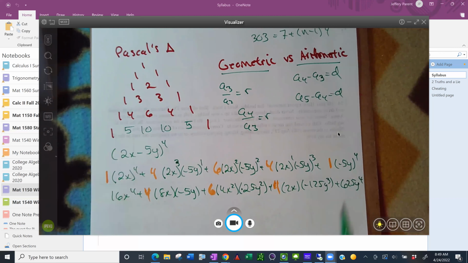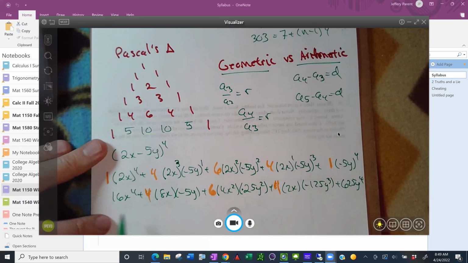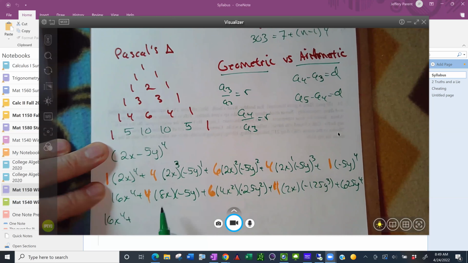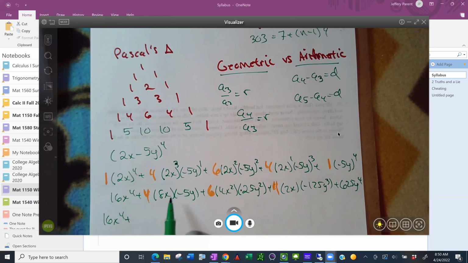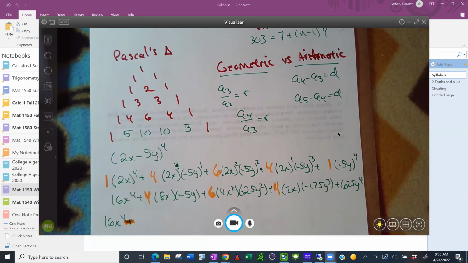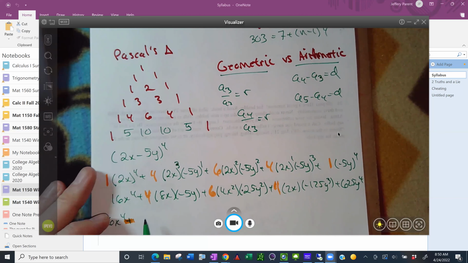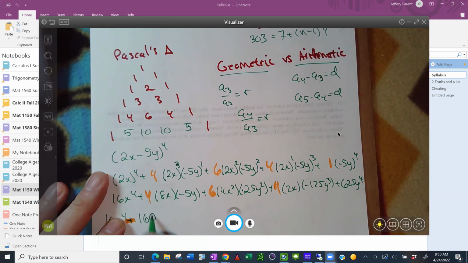And I don't need to put the 1 there. Let's finish this up. 16x to the 4th minus, right? Because there's going to be a minus there. So that should be a minus 32 times 5 is going to be 160. And that should have been a cube there. So it's going to be x cubed y.